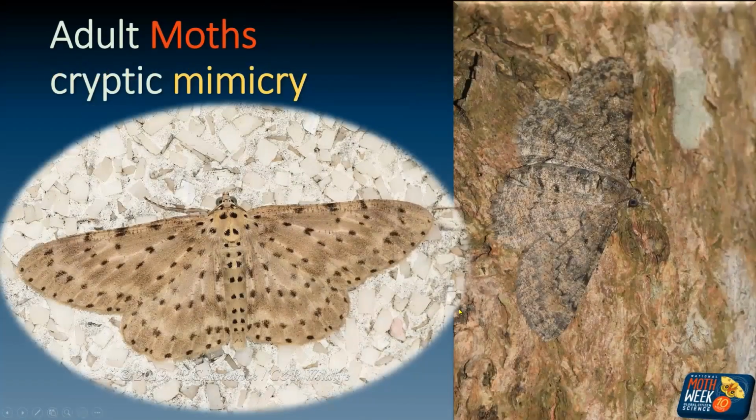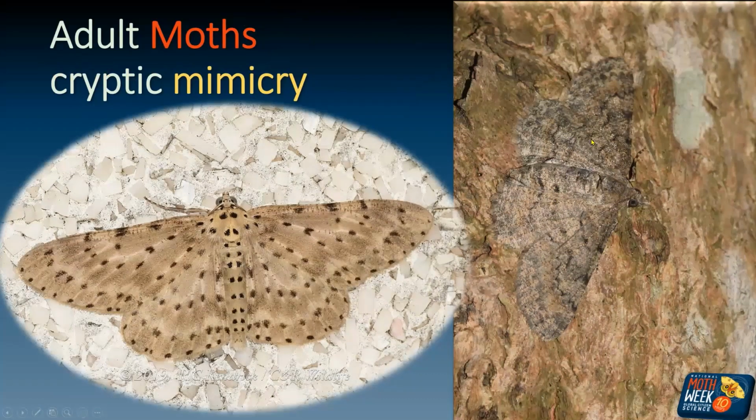And all of these different components that form drivers of evolution give rise to many different pattern elements for adult and larval forms of the moths. So basic crypsis, where a moth looks like its background.